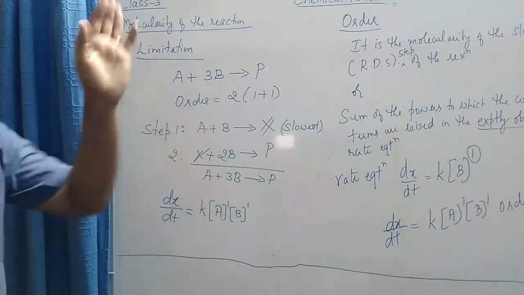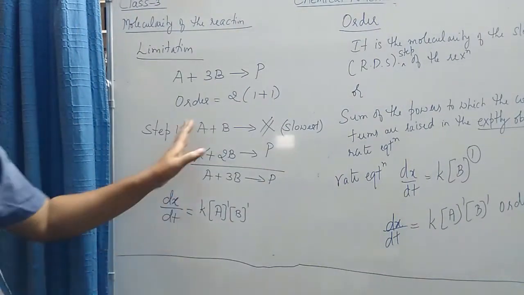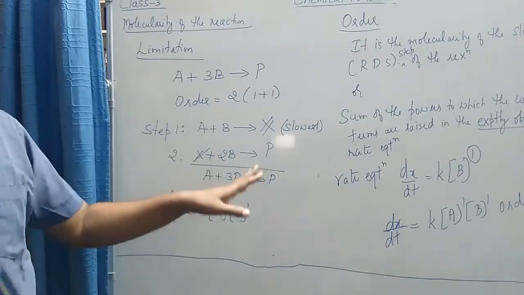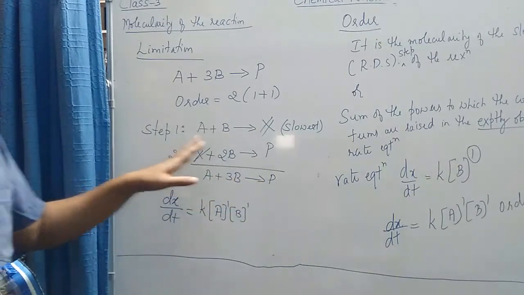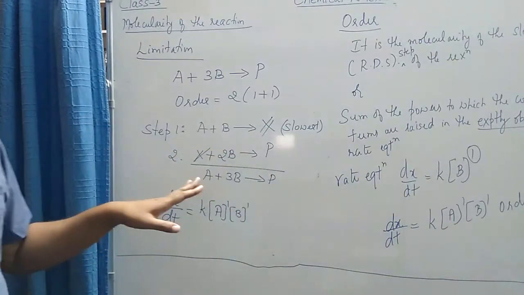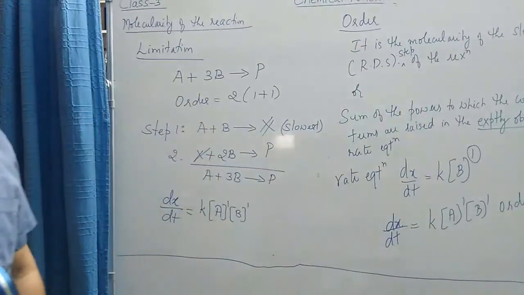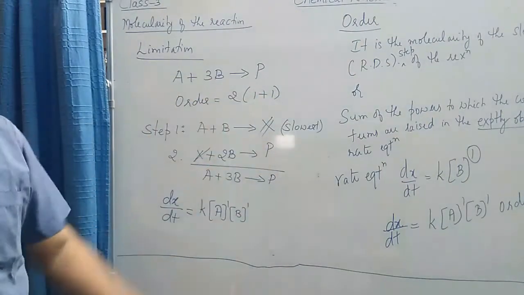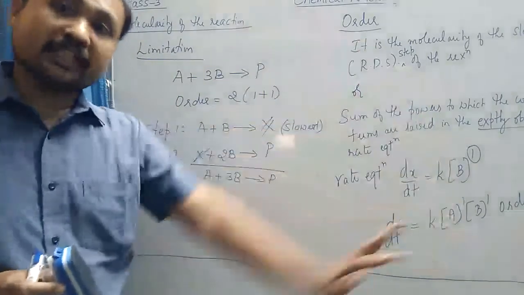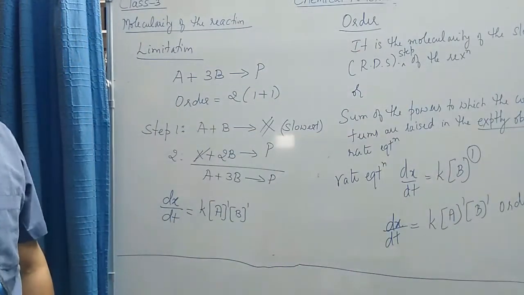But you can propose another mechanism which is completely different from this, in which you can get a second order reaction. Now a third person may give one more mechanism which is different from the first two mechanisms and prove that for that mechanism also the order is 2.